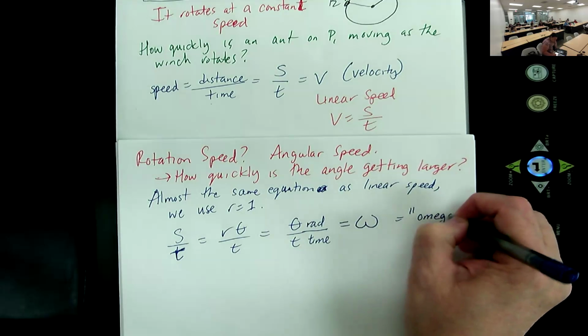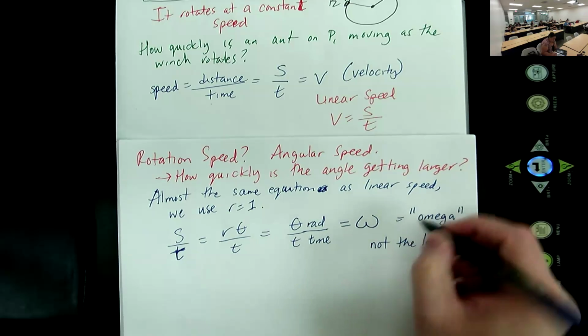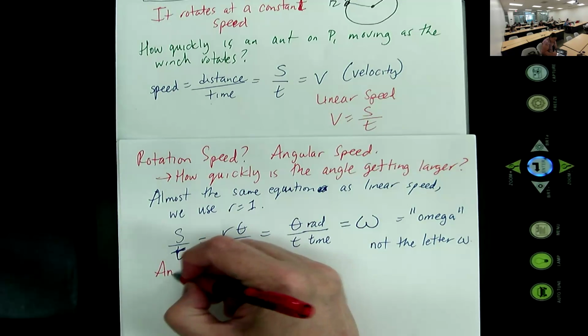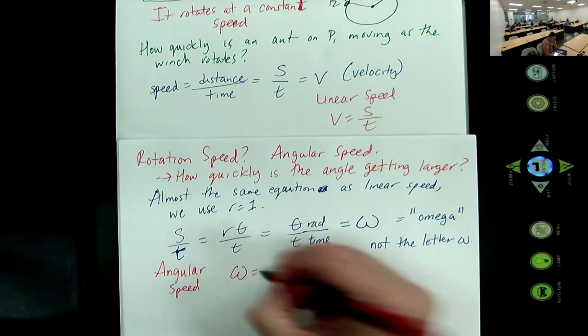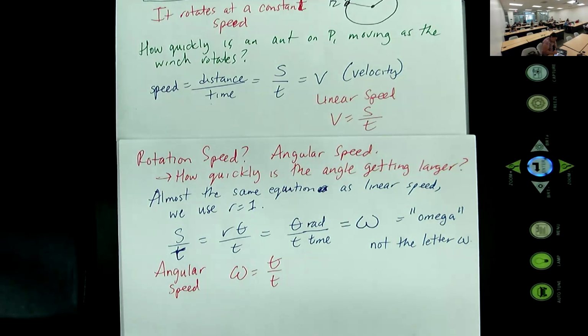It is not the letter W. And that is angular speed. So angular speed is omega equals theta over T. I just make a W and curl the tops in. Make it rounded, no corners on it, and you curl the tops in.